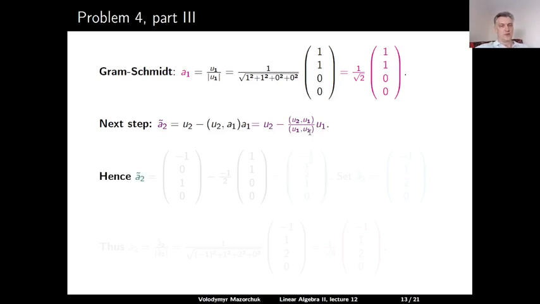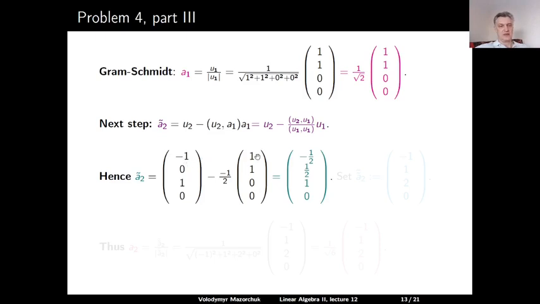So now we can do the computation. u2 is the vector (-1, 0, 1, 0). u1 is the vector (1, 1, 0, 0). The scalar product of u1 and u1 we already computed, it's 2. And the scalar product between u2 and u1 is -1 plus 0 plus 0 plus 0, it's -1. So we get u2 plus 1/2 of u1.